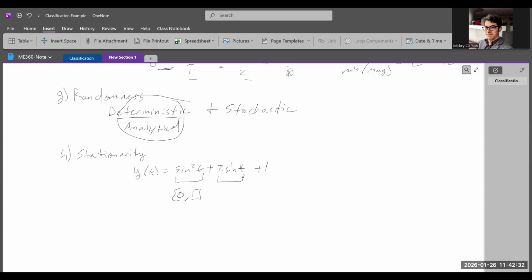This term is bounded between -2 and 2. This term is bounded between 1 and 1. All right, so if I add all these up, I get total bounds of this thing being between 0 and 4. All right, so this is bounded. It's stationary. Right, the output values are bounded within some finite range. We get a stationary signal.